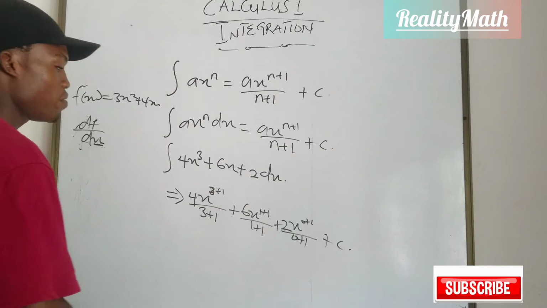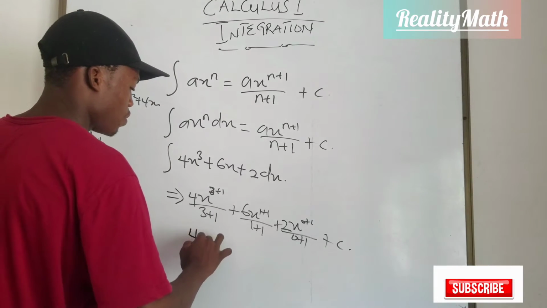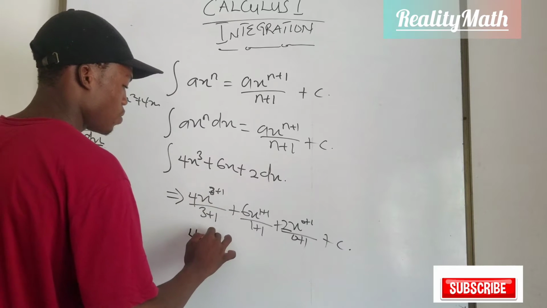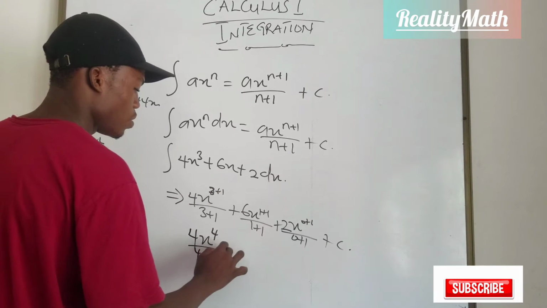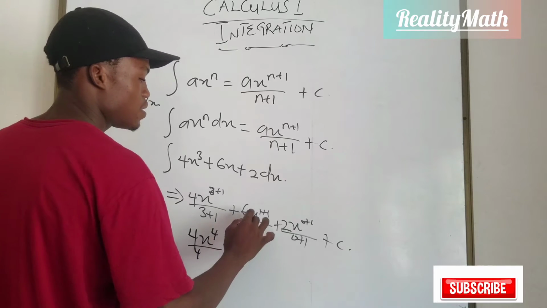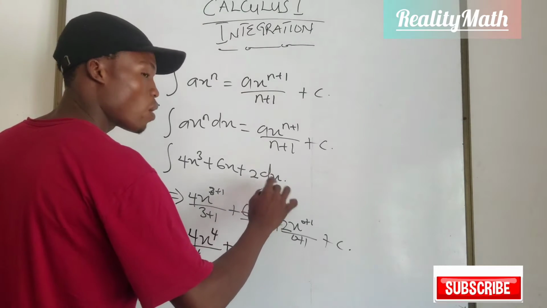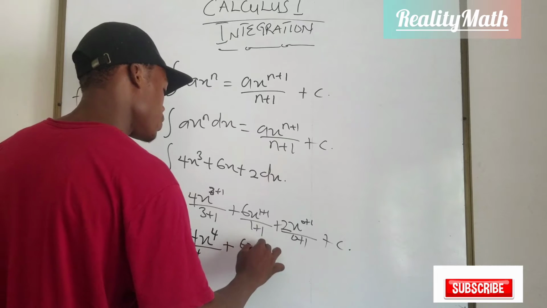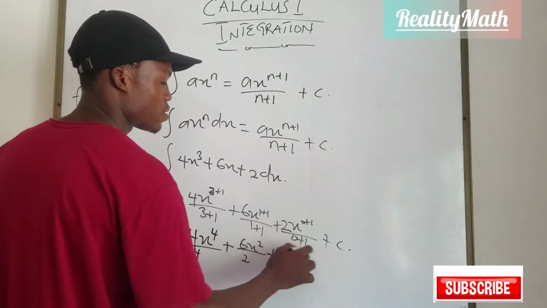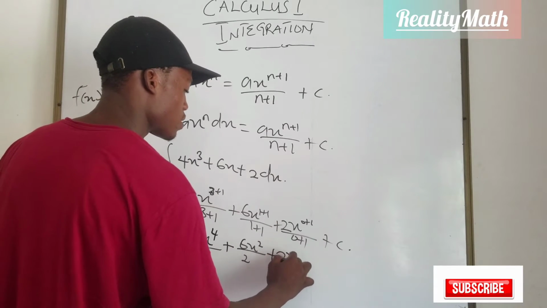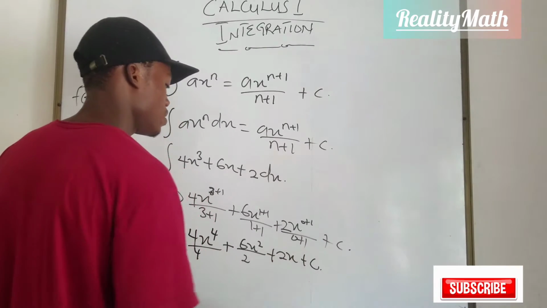What do we have now? 4x to the power 3 plus 1, which is 4, all over 4, plus 6x to the power 1 plus 1, which is 6x squared all over 2, plus 2x to the power 1, which is 2x, plus our constant c.